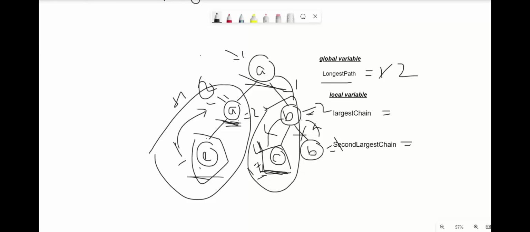Now it goes back, and we see that all the children of A have been covered. If we assume that A would be in the result, it would take the sum of its two subsequent children.